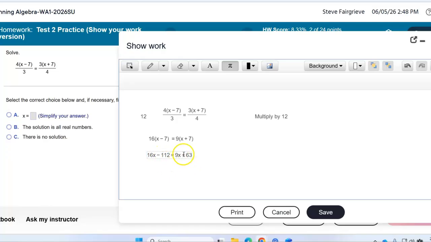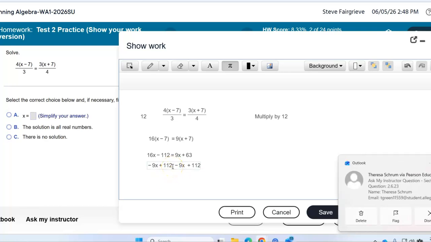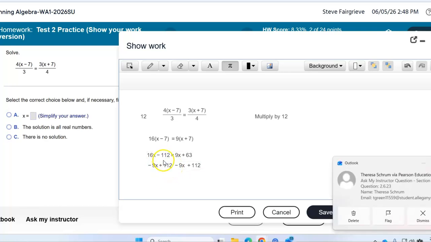So at this point, I'll bring the 9 over by subtracting it. So I'm just going to click here, minus 9x. While I'm at it, I'll do the plus 112, minus 9x, and the plus 112. Yeah, it doesn't look perfect, but it's okay. It's readable, and it's a lot quicker than having to try and draw stuff.